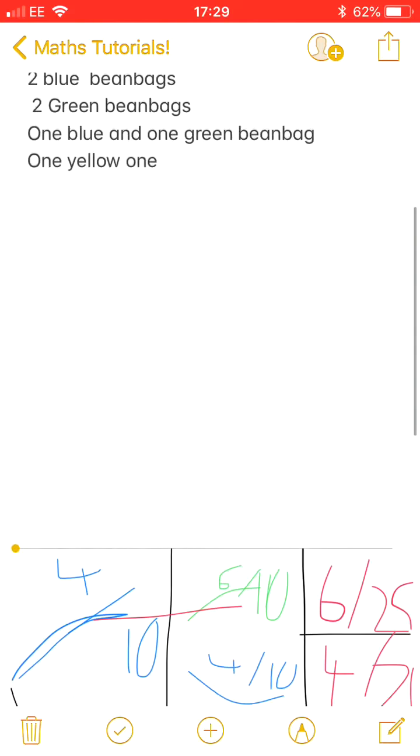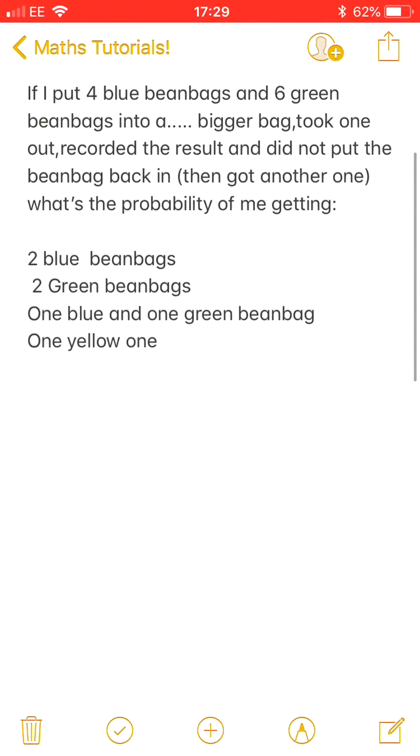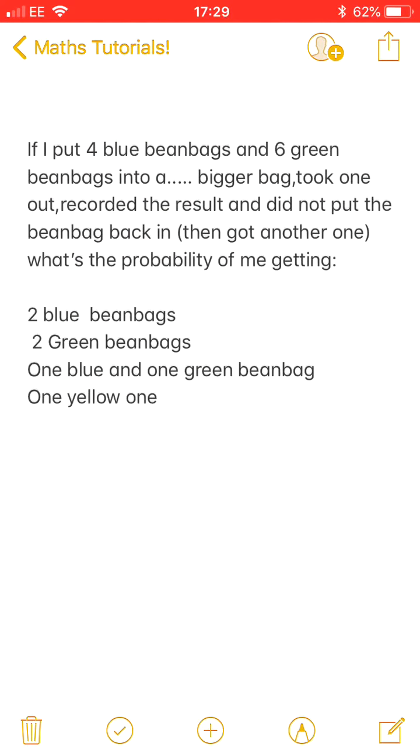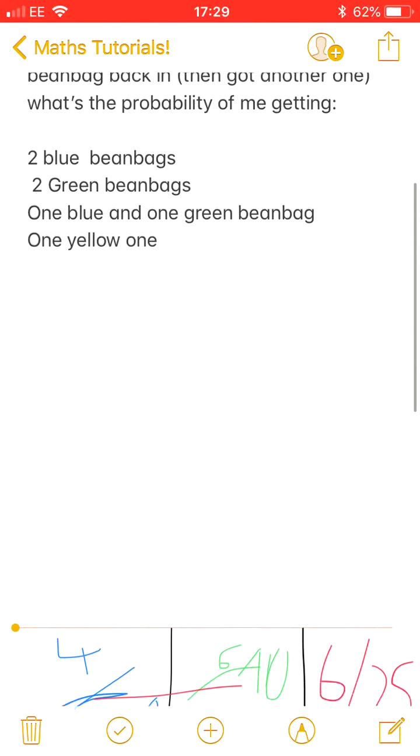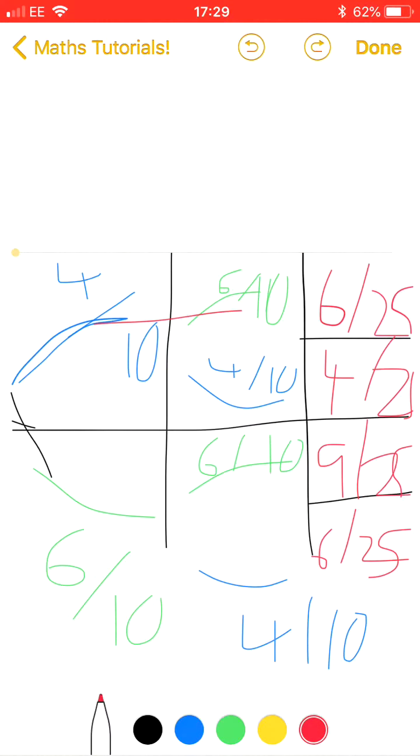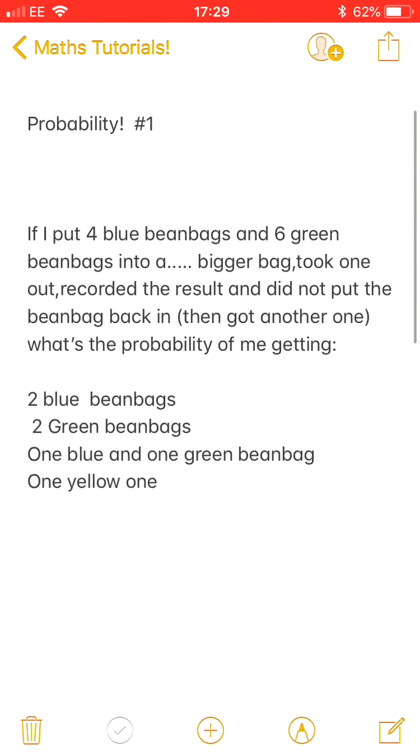But seriously though, you get your marks from answering these questions. We need to find out the probability of getting 2 blue beanbags. All we have to do is follow the pattern, so it's 4 out of 25.